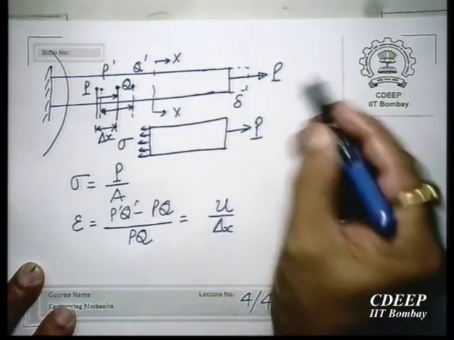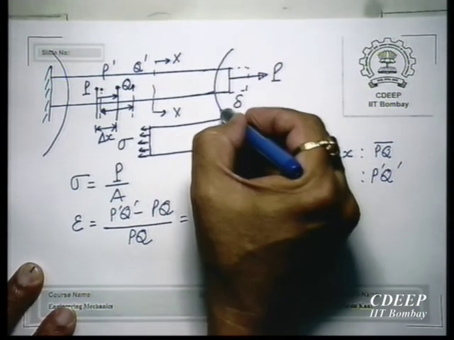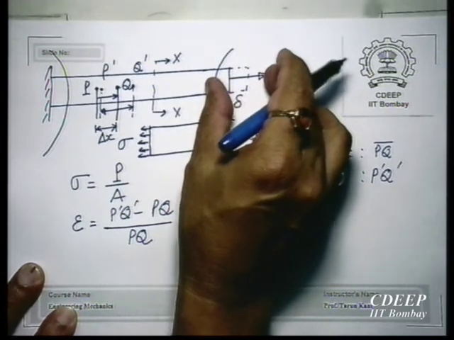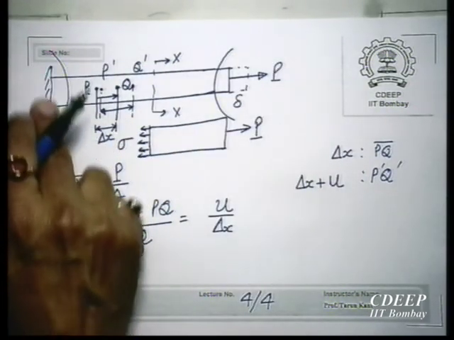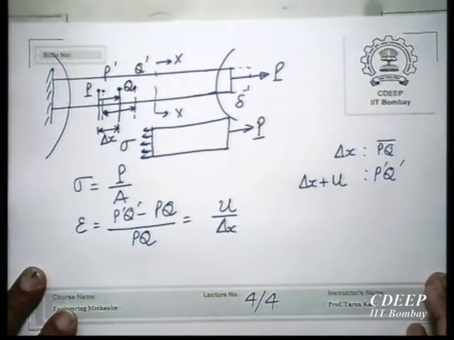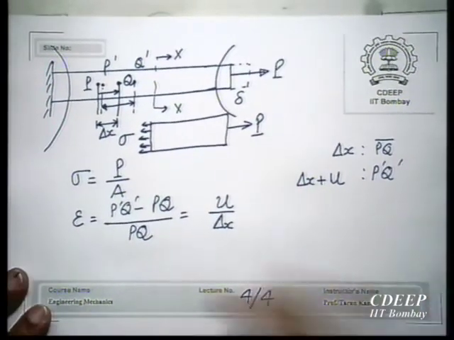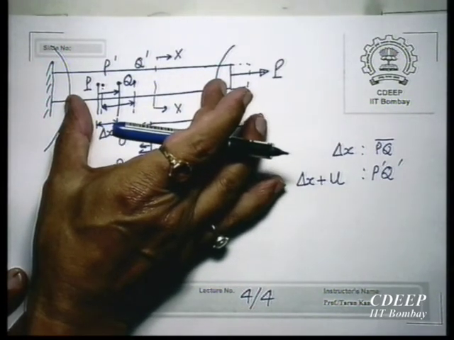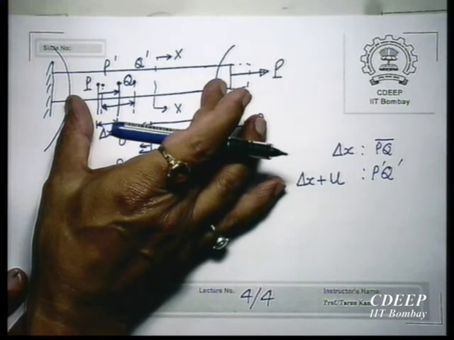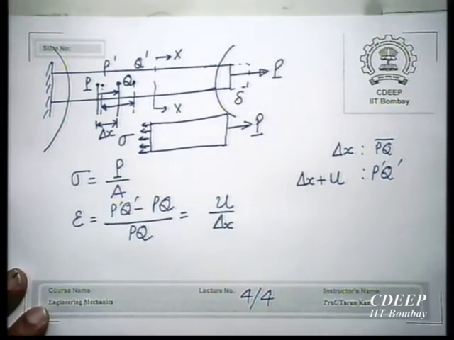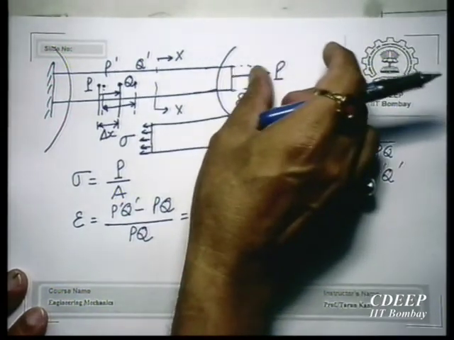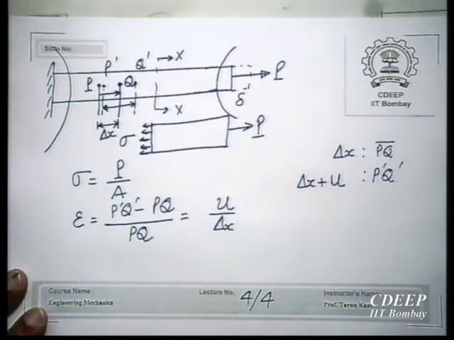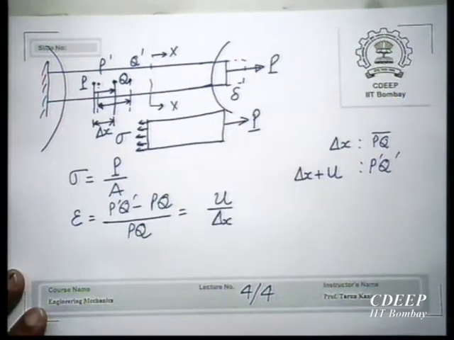Wherever loads are applied, there will be stress concentration, and wherever the load is registered, that is the boundary condition, at those boundary points again there is stress concentration. The remaining portion is more or less uniform. So, the stress distribution will be uniform here. Whatever formula we are deriving will not be valid in these end zones, it will be valid in the middle.